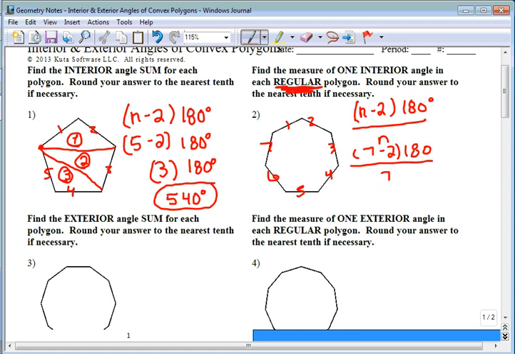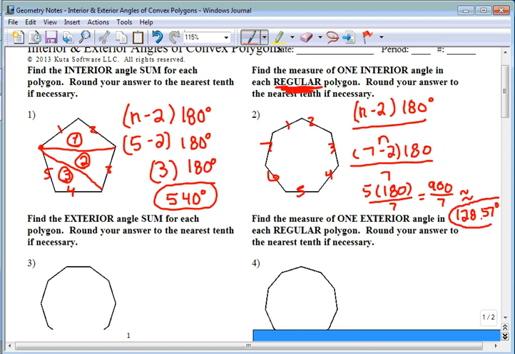Seven minus 2 is 5. 5 times 180 is 900 degrees. Divided by 7 is approximately 128.57 degrees.